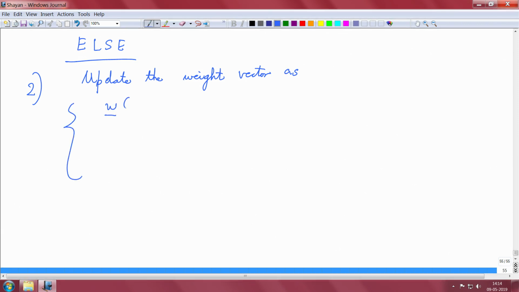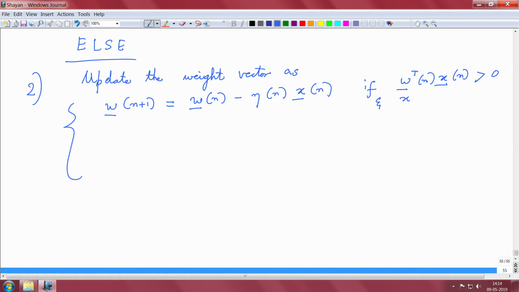W n plus 1, that is the weight adjustment at time n plus 1, is the weight at time n minus some eta of n, you can also fix eta to be some constant, times x of n, if W transpose of n, x of n is greater than 0 and x n belongs to C2.